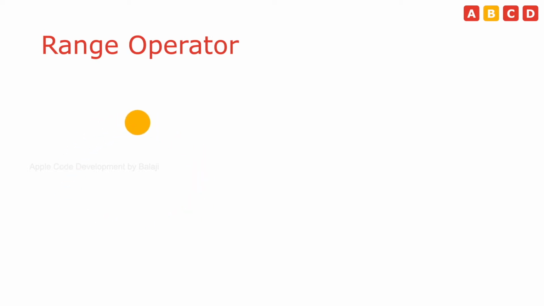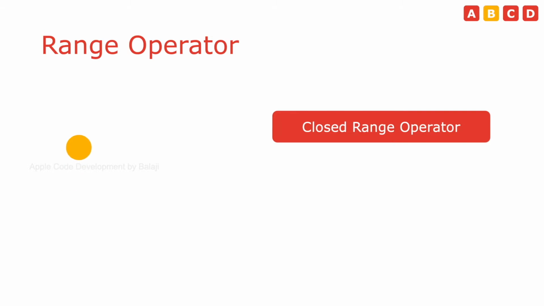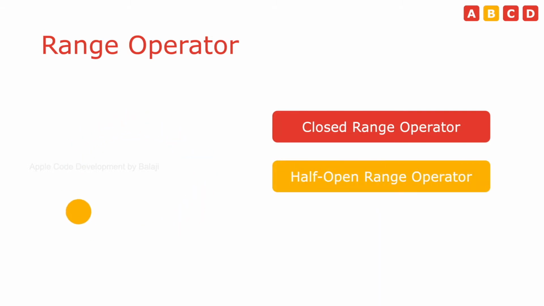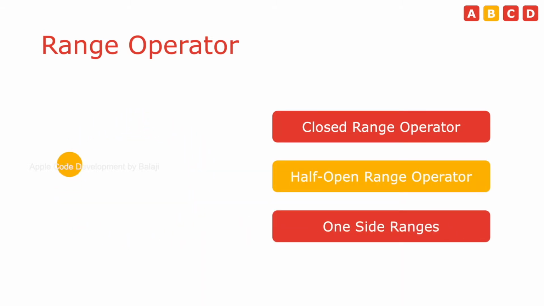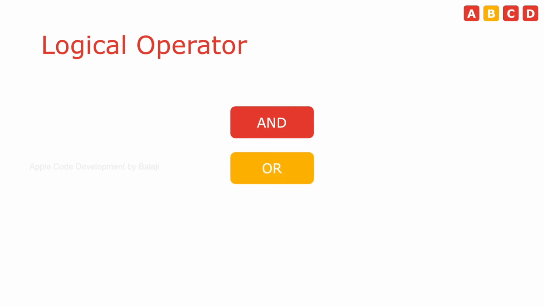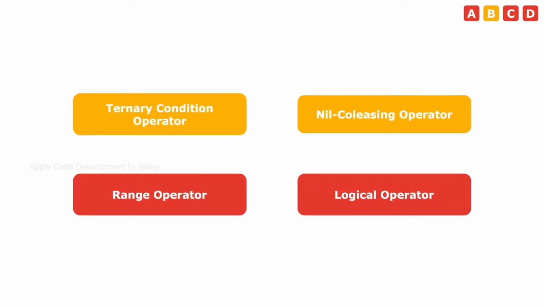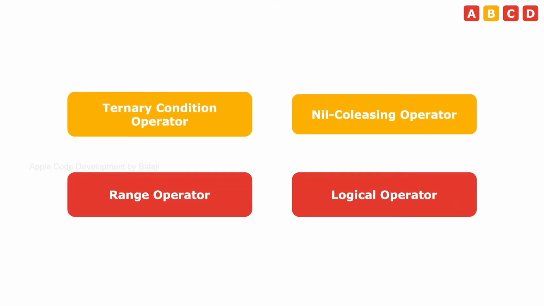We can split it into 3 parts: closed range operator, half-open range operator, and one-sided ranges. And the last topic is logical operator. Here we will discuss the basic logical operators like and, or, and not, and their combinations. We will see all these topics in a very detailed manner, so don't skip the video until the end.